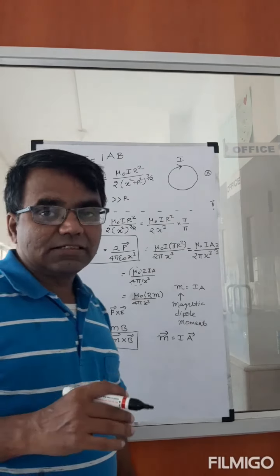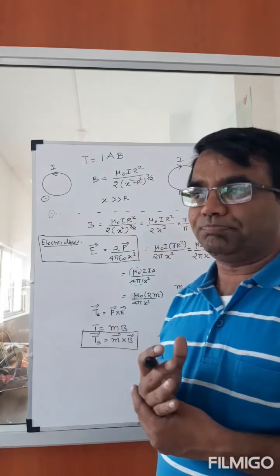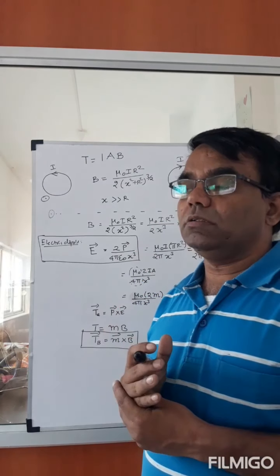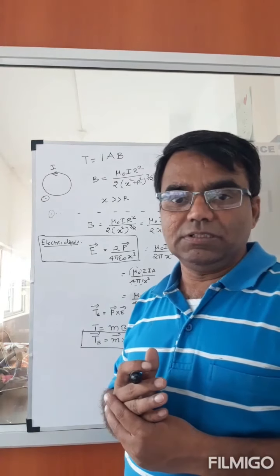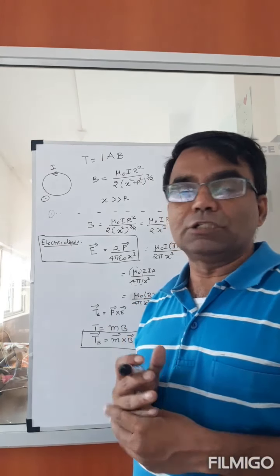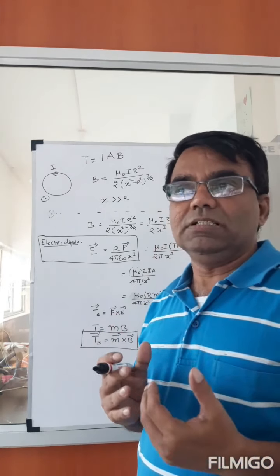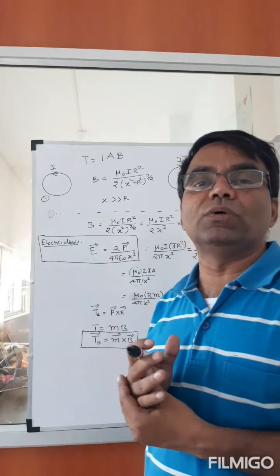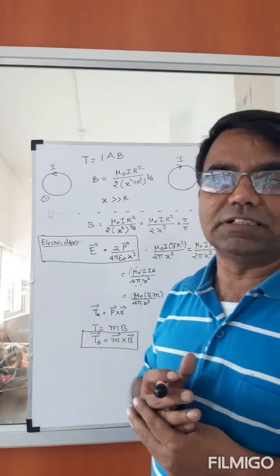So this led Ampere to believe that all magnetism is caused by current. Even if you take a lodestone, he thought there must be some kind of current flowing inside the lodestone to create this magnetic field, which is true.